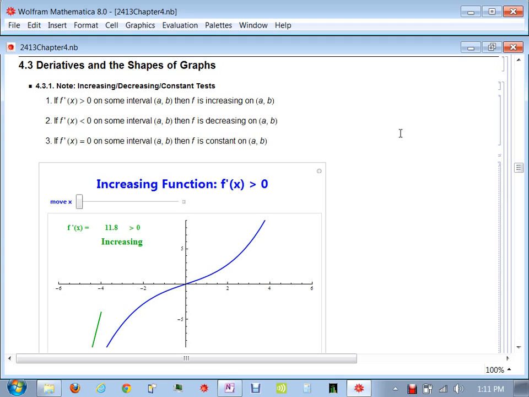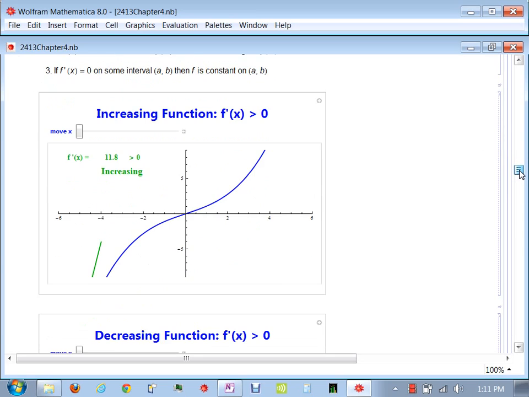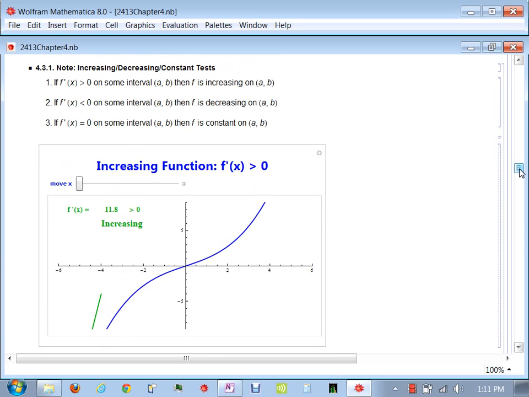The first note here has to do with the first derivative. So remember, the derivative is just the slope of the tangent line, right? Yes, everyone? Okay. Derivative is the slope of the tangent line. So if our slope is positive, if our slope is a positive number, that should mean that our function is increasing.